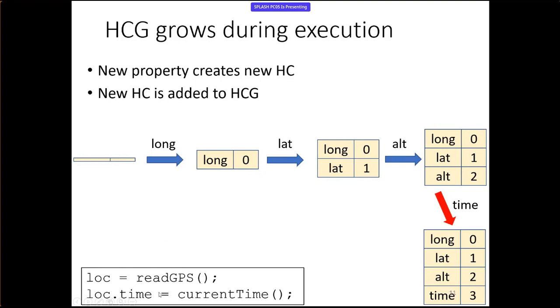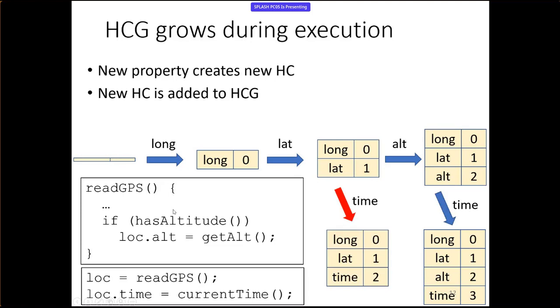When a new property is added to the location object, for example a timestamp, the VM creates a new hidden class and adds it to the existing hidden class.